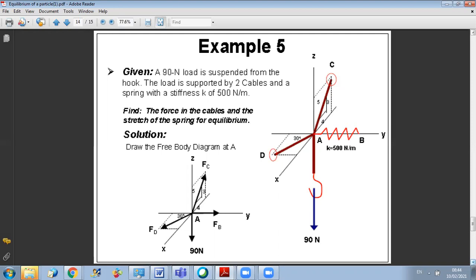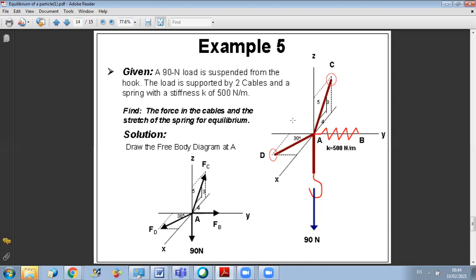So here, since I want to solve a 3D equilibrium problem, I should first determine what my unknowns are. So I have first point A subjected to 4 forces, and one of them is known, which is the vertical one, equal to 90 Newton. Okay? So I know that this downward force is equal to 90, but all other forces are unknown.